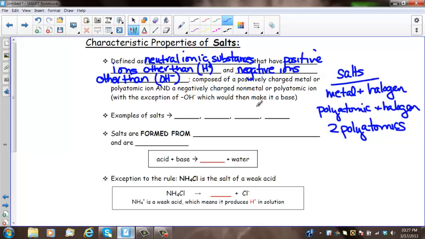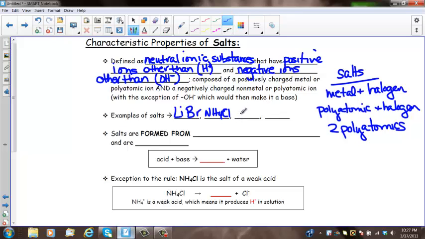So some examples. Here's a metal and a halogen, LiBr. Here is an example of a polyatomic and a halogen, ammonium chloride, NH4Cl.